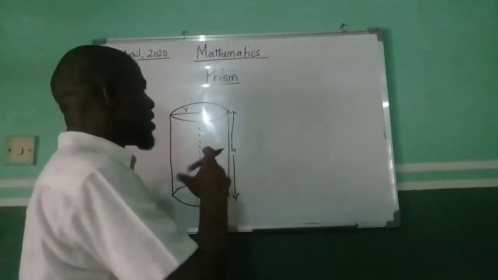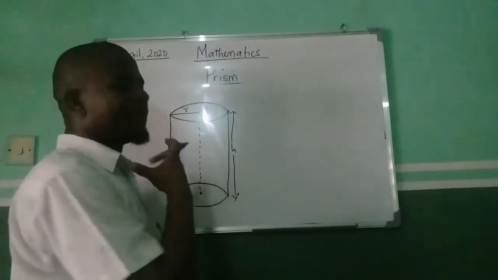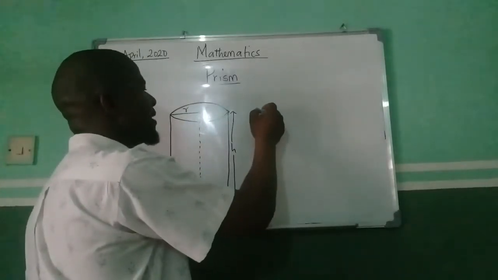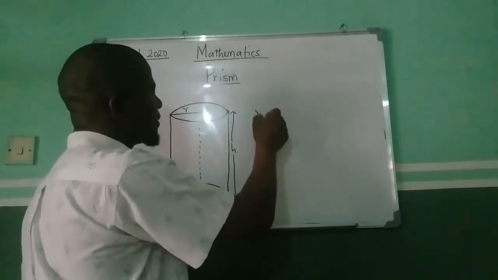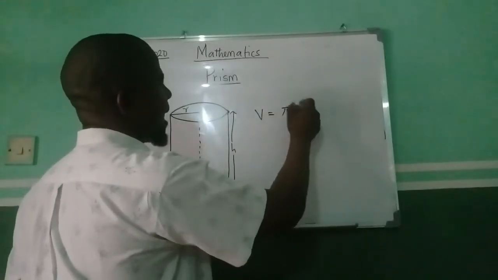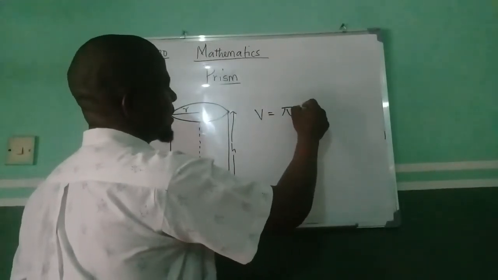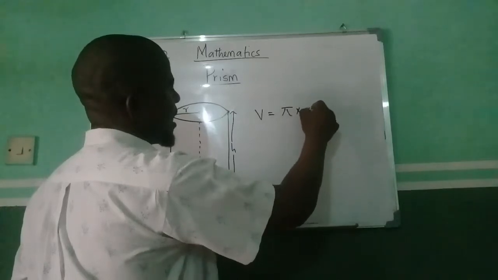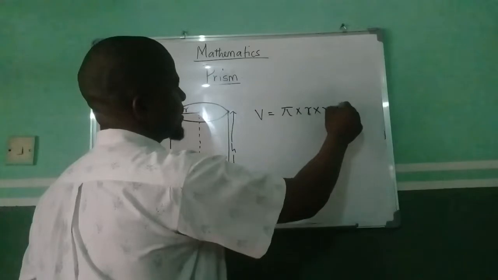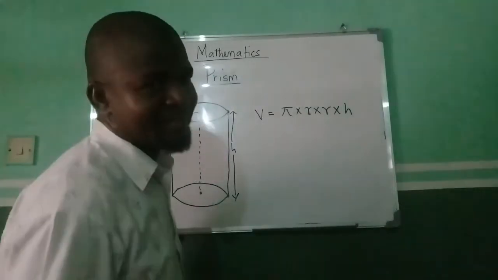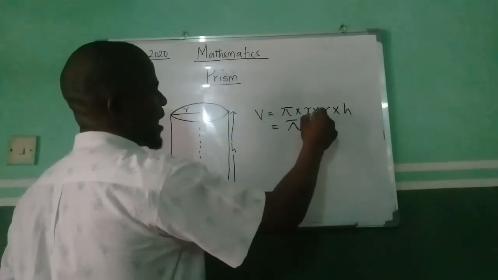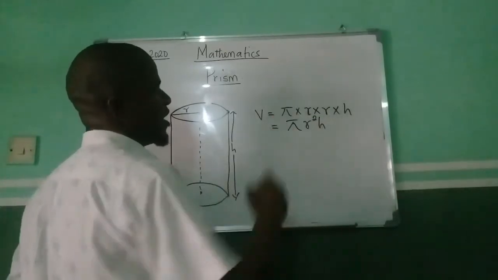Now, how do you determine the volume of this shape? The volume of a cylinder is pi times r squared times h. Okay? Or simply pi r squared h.